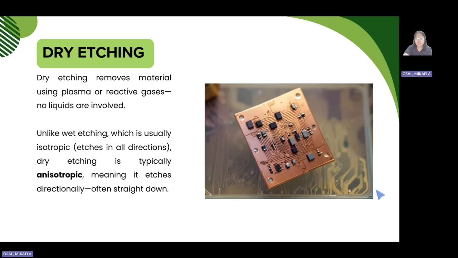This directional etching is crucial for creating fine, accurate features on the wafer, which is essential for the high resolution demands of modern semiconductor devices. Dry etching is commonly used in processes like reactive ion etching, where plasma is generated in a vacuum chamber and used to break down material on the wafer surface.